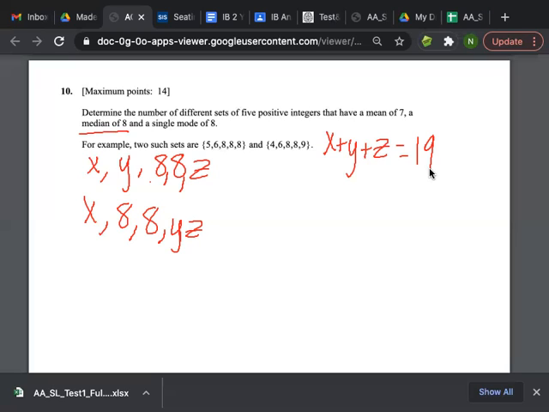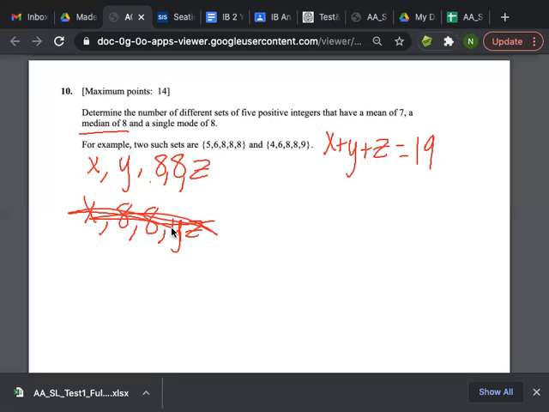For the second one, there's no combination of numbers that works here. Can you think of a combination of numbers that works there?